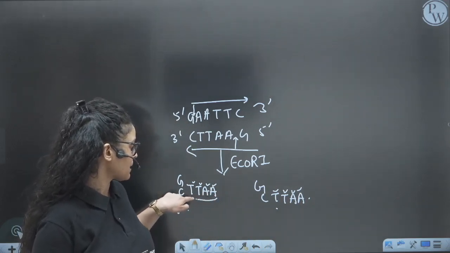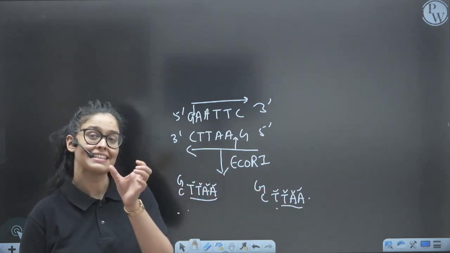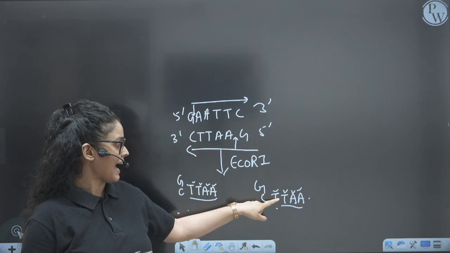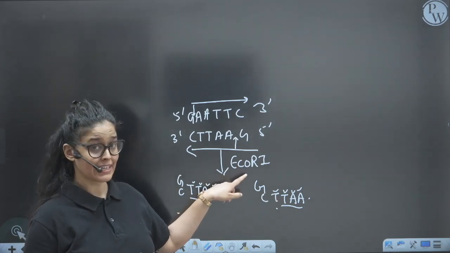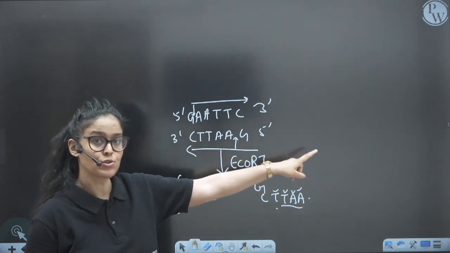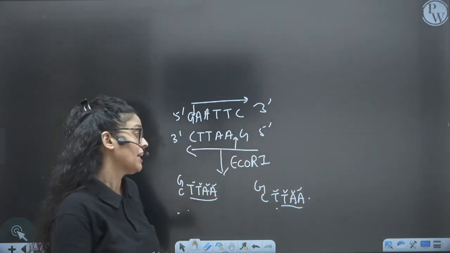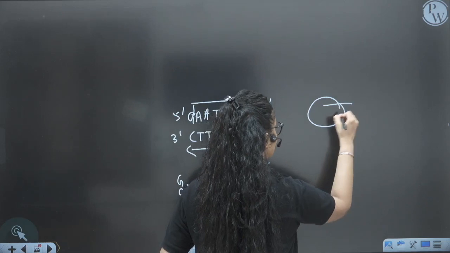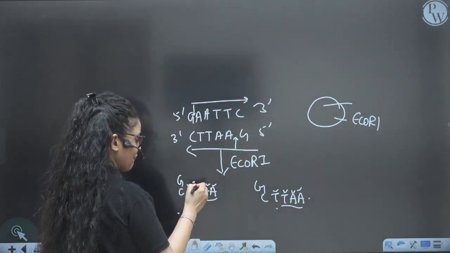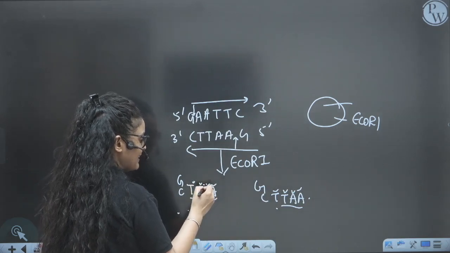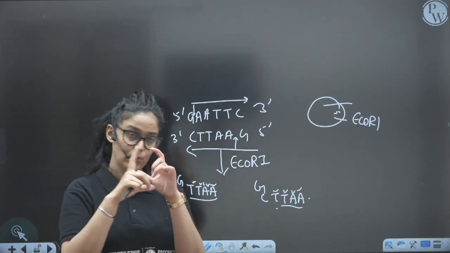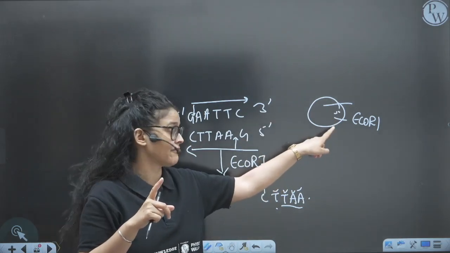So what is the purpose of these sticky ends, which are the single stranded overhangs? If we cut with the EcoRI enzyme, then the vector that we use to carry our gene into the host will also be cut with the same EcoRI. So we will get the complementary fragment here so that we can paste our gene with the vector.